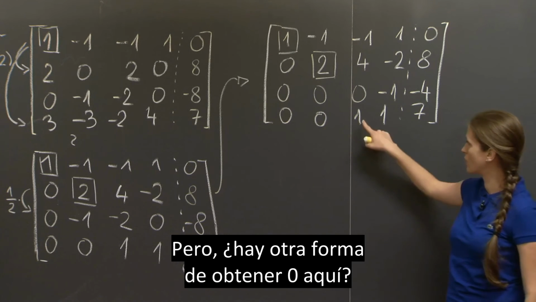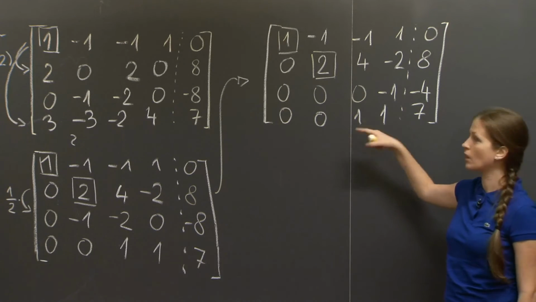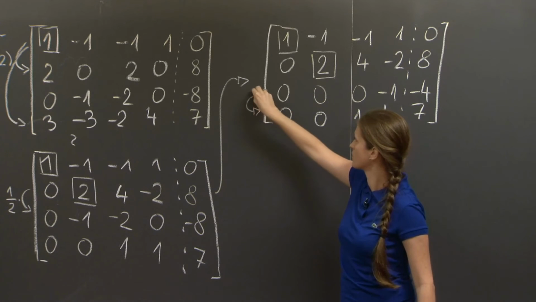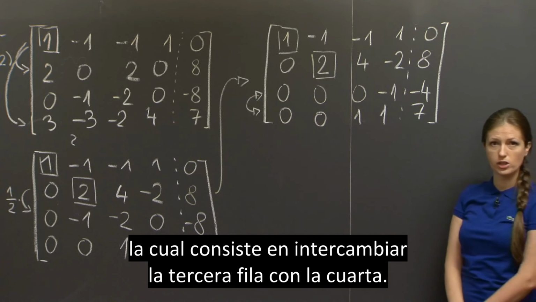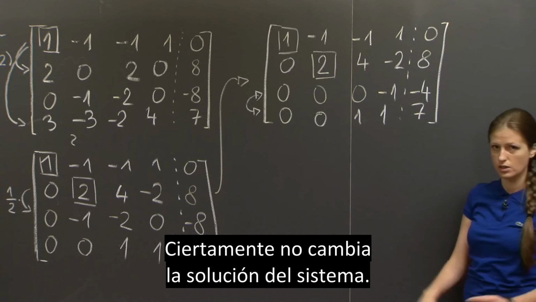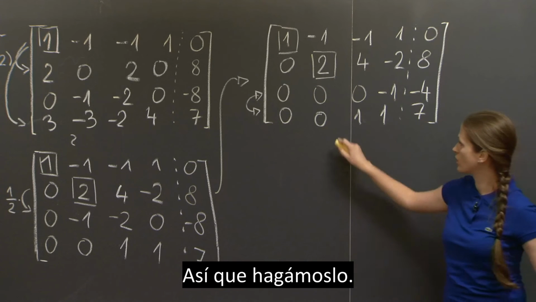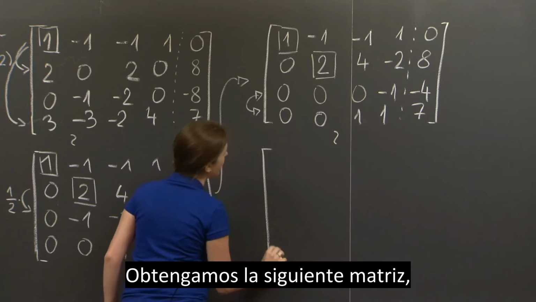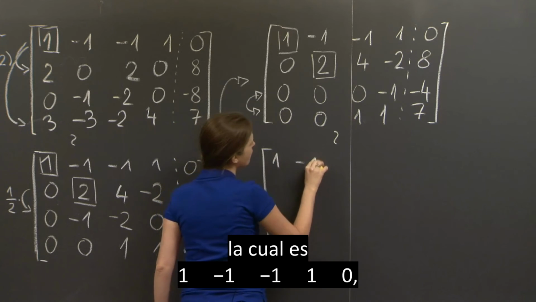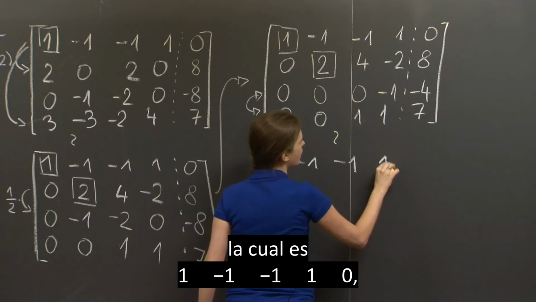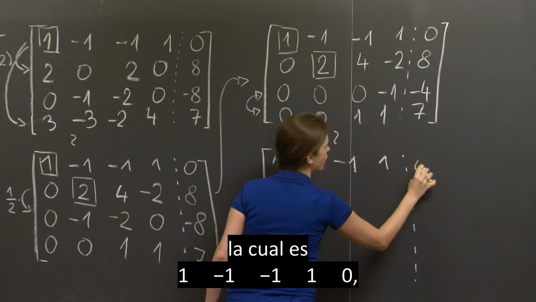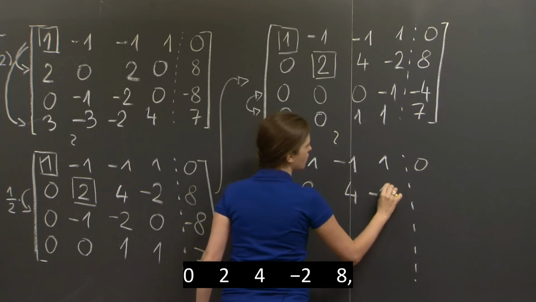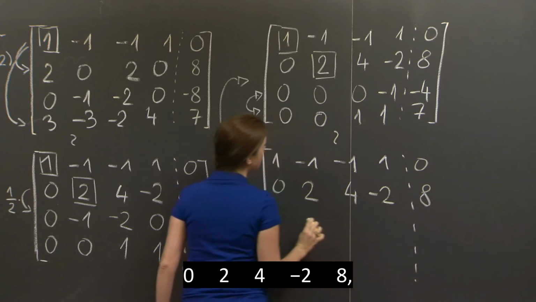But is there another way to get a 0 here? There is a very simple row operation, which consists just of switching the third and the fourth row. It certainly doesn't change the solution of the system. So let's do that. And let's get the next matrix, which is 1, minus 1, minus 1, 1, 0. 0, 2, 4, minus 2, 8.